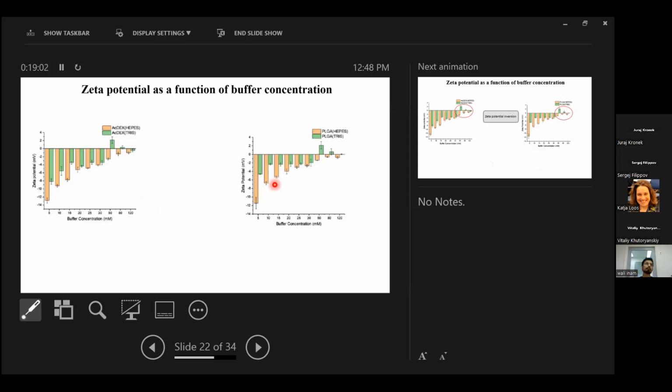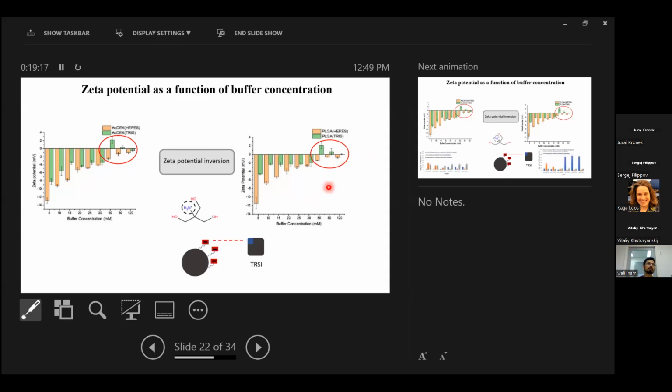Similarly for the ACDEX and PLGA, we made the comparison, and what we found was an inversion of zeta potential observed at higher buffer concentration. This also makes sense because Tris has one cationic center which can interact with the carboxyl groups on the PLGA.